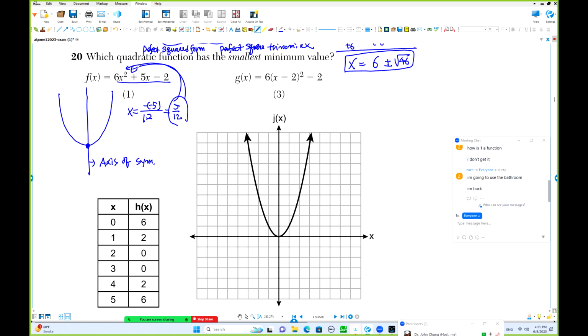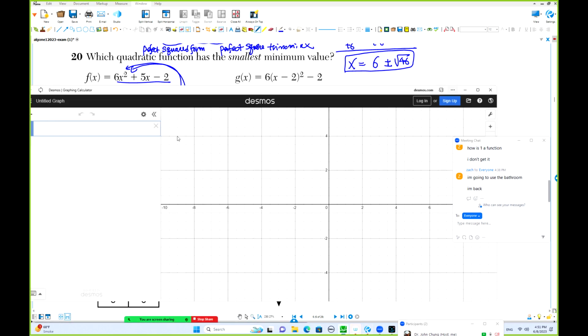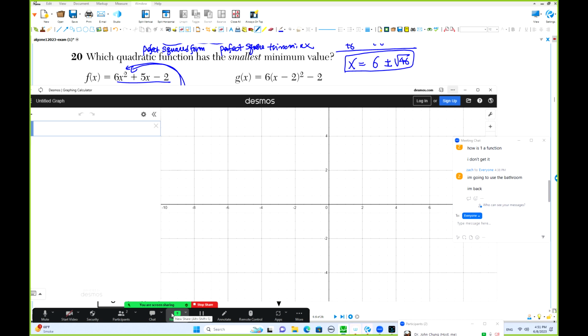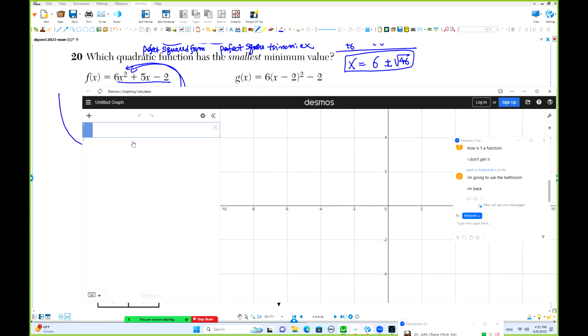Okay, I'm going to use my online calculator over here. This is y equals 6x squared plus 5x minus 2. That's the graph. This is the minimum, right? Negative 2 is not the minimum.